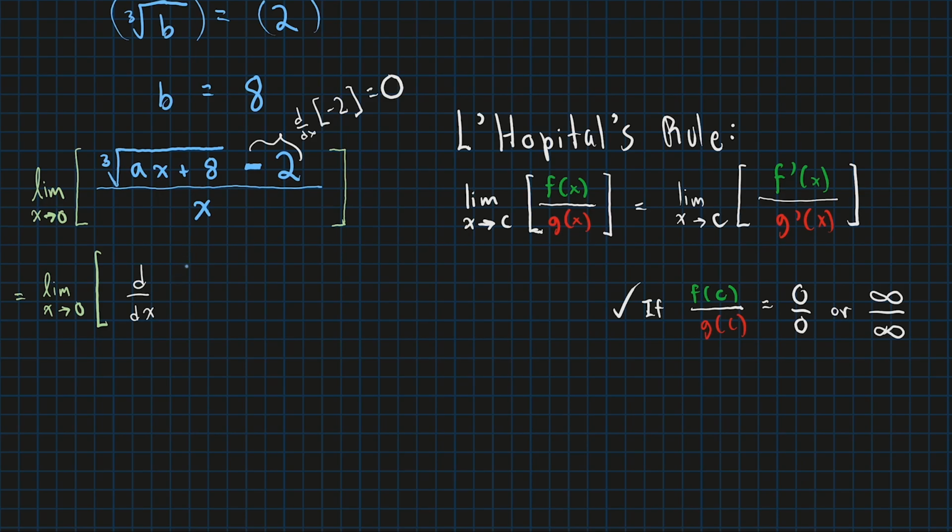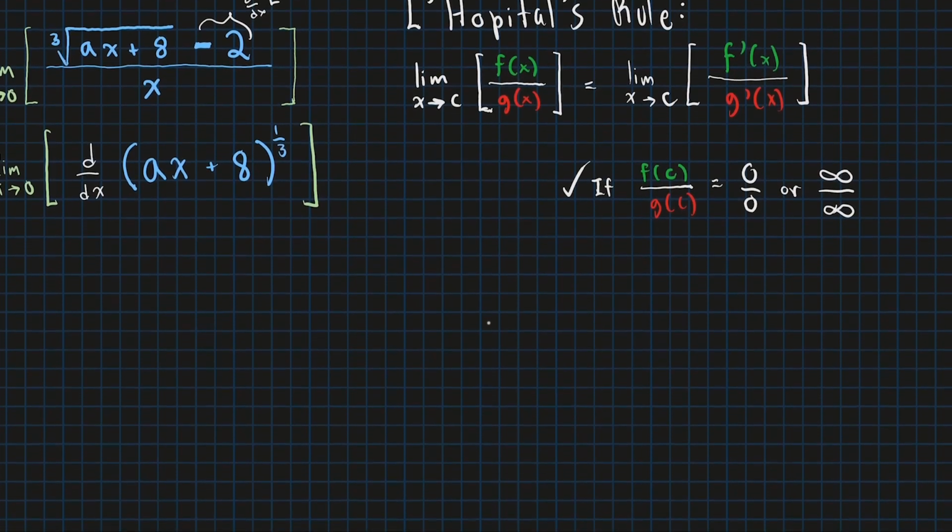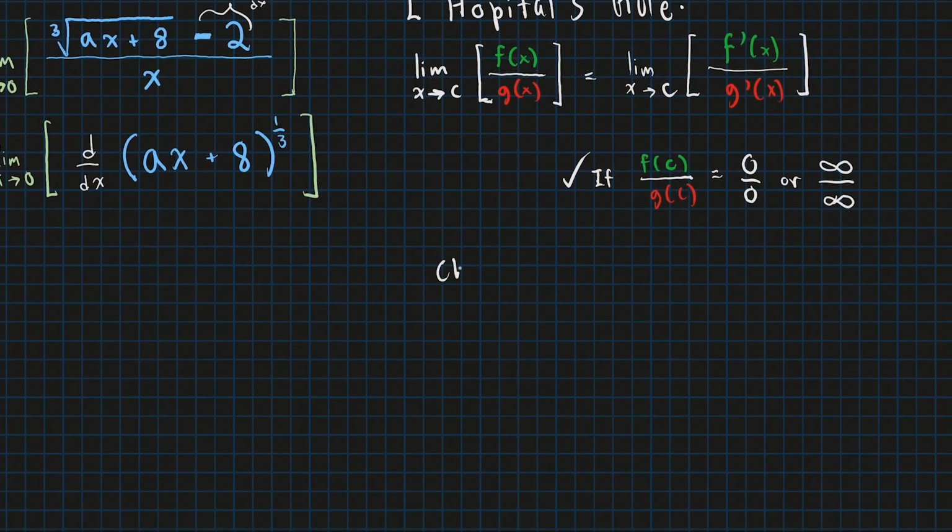So, and let's bring this cube root to an exponent out here. So a cube root is the same thing as taking something to the power of 1/3. Now is the tricky part. We have to think about chain rule. So what was chain rule?